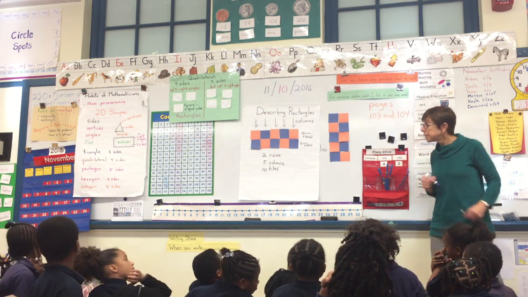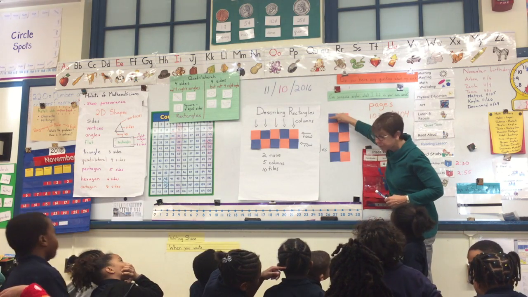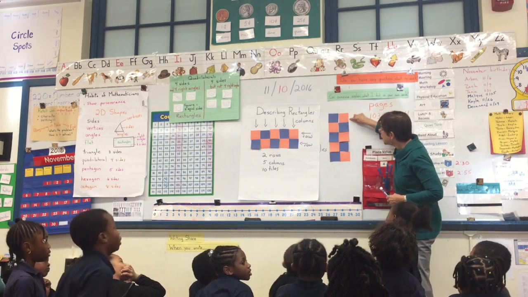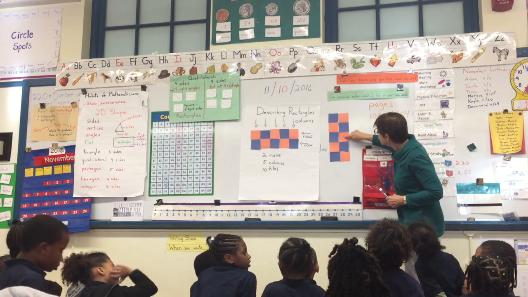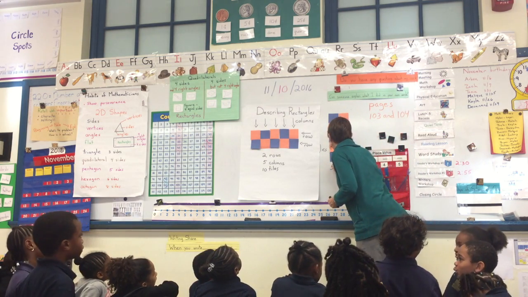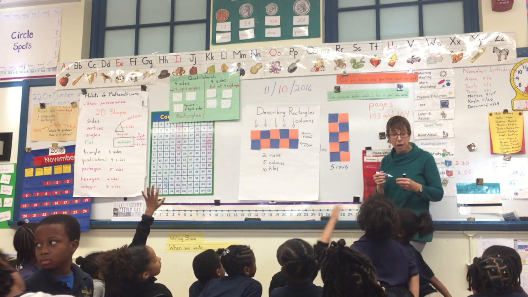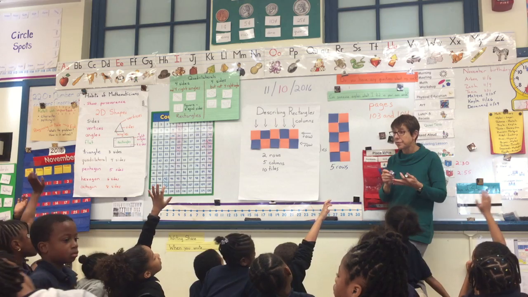How many rows? 5. So it has 5. The rows go across. Let's count them. 1, 2, 3, 4, 5. It has 5 rows. How many columns does it have?